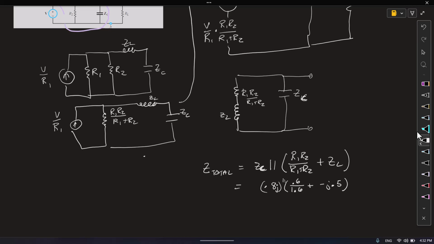It's in parallel. This is j0.8 in parallel with this right here. So that's j0.8 times 0.6 over 1.6, which is 0.375, minus j0.5 over j0.8 plus 0.375 minus j0.5.